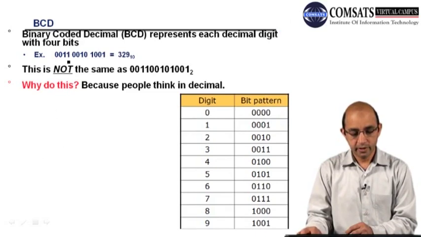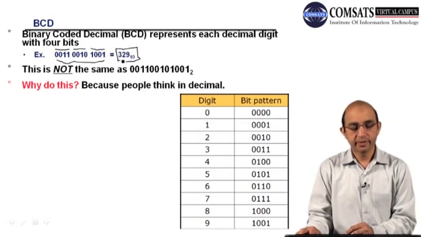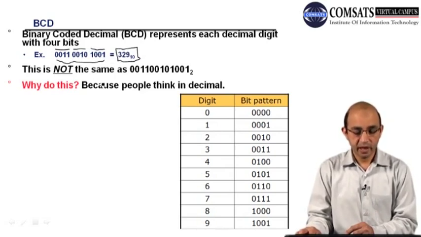Here if you take the example, the decimal equivalent of those numbers is 3, 2, and 9. We would place powers of 10 because this is base 10, but this is not the same when we talk about BCD, binary coded decimal, right?